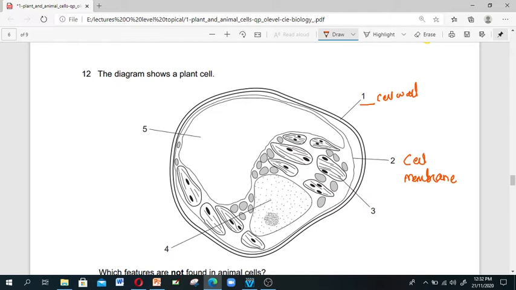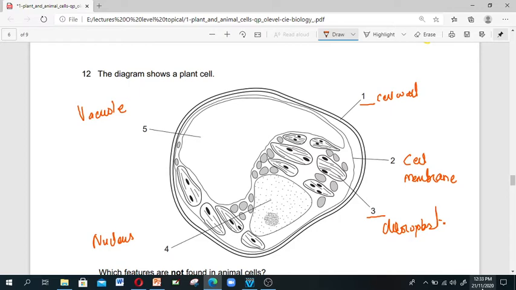Now structure 3 is the chloroplast. Structure 4 is the nucleus, and structure 5 is the vacuole.